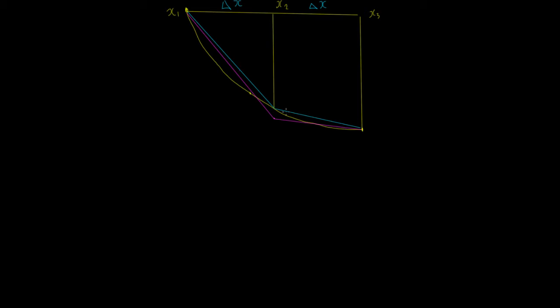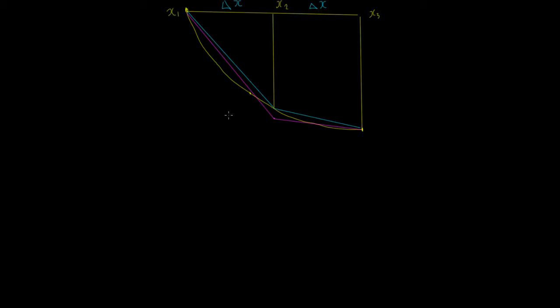So now we want to write out a mathematical equation that defines the change in these gradients. What we could do is look at the original gradients. So let's look at this gradient here, from here to here.